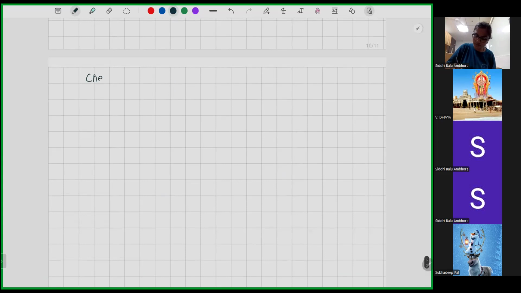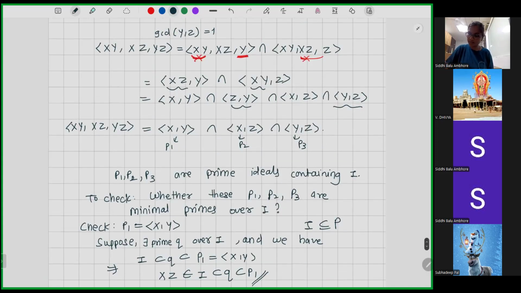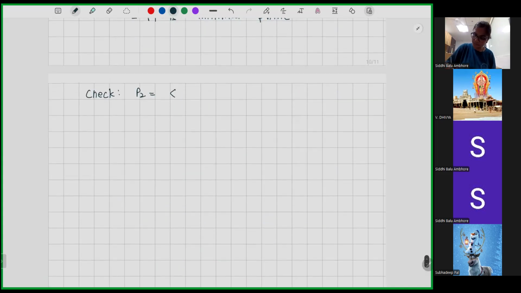And similarly, on similar lines, you can get the rest. If you check again for P2, which was (x, z), you can again start with I contained in Q contained in P2, and you will again end up getting that Q is equal to (x, z).